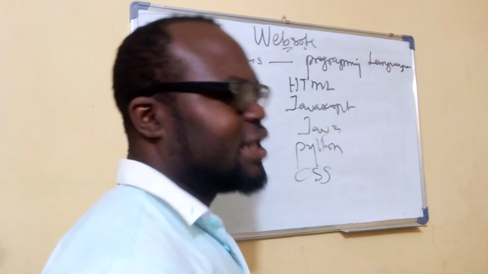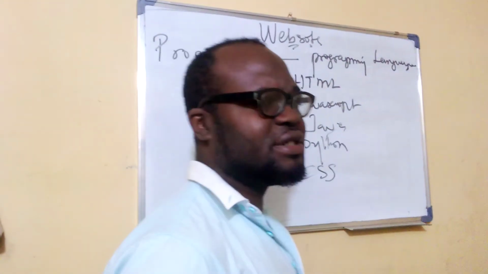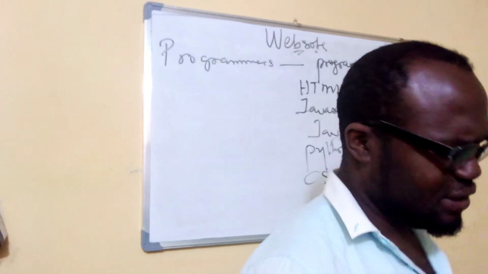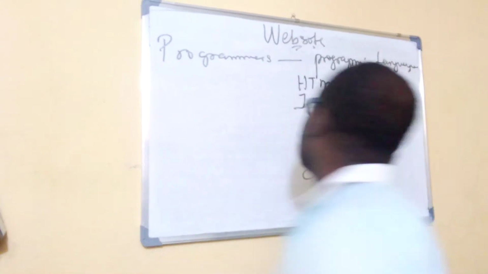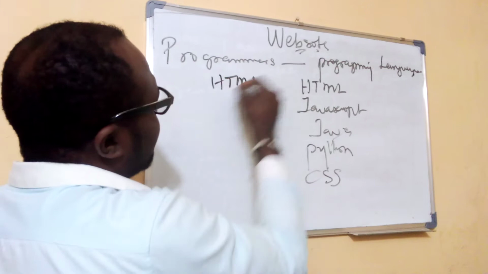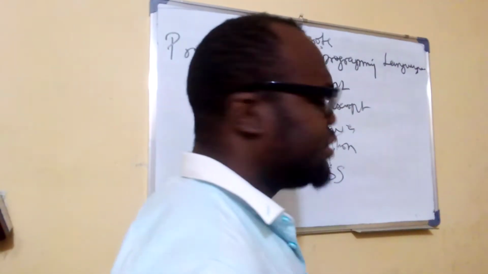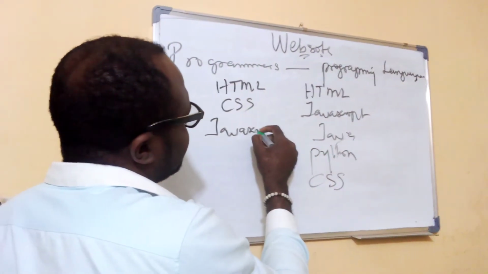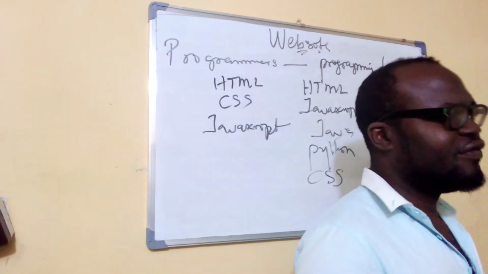Now for every programmer, you mustn't know all the languages, but there are basic ones that you're supposed to know, because those basic ones, you can apply them in any language that you're using as your special language. So HTML and CSS, they are very, very important. Every programmer, you need to know them. And also JavaScript. So these three languages are basic for every programmer.